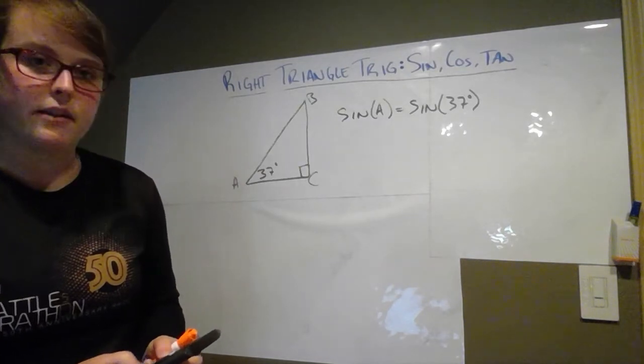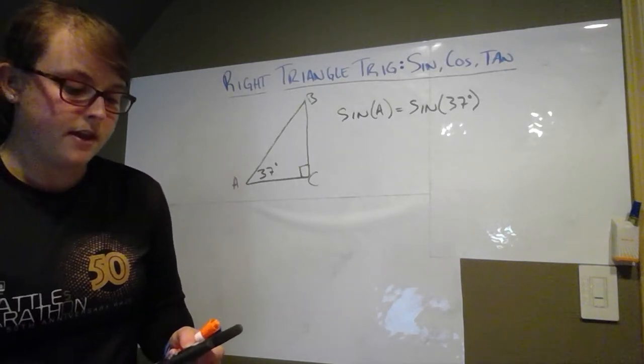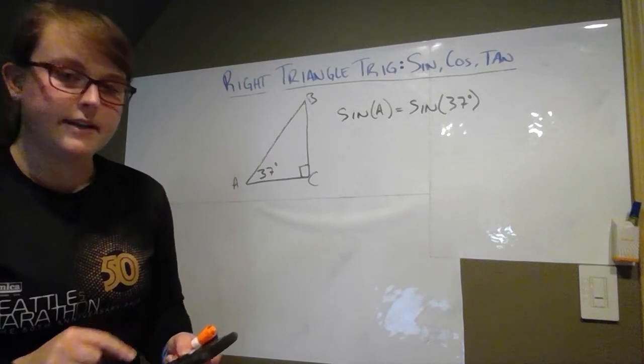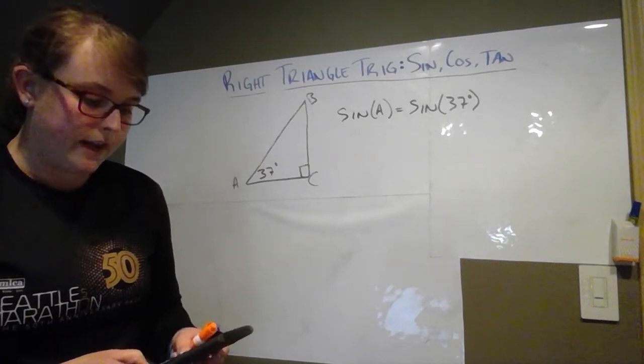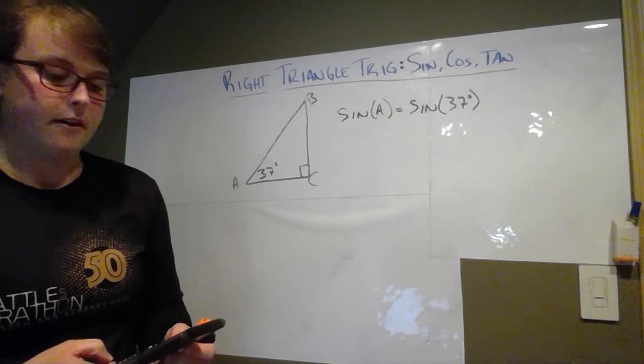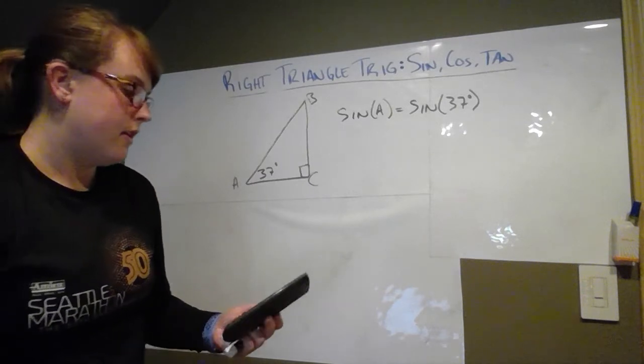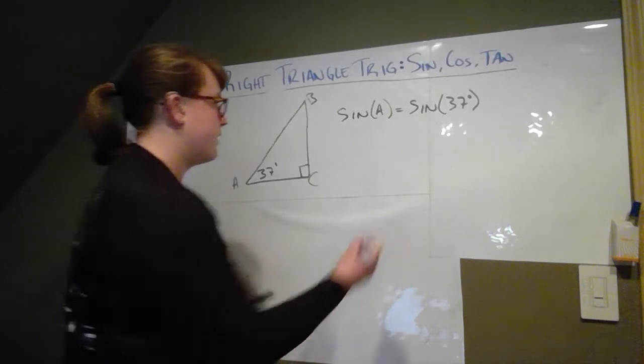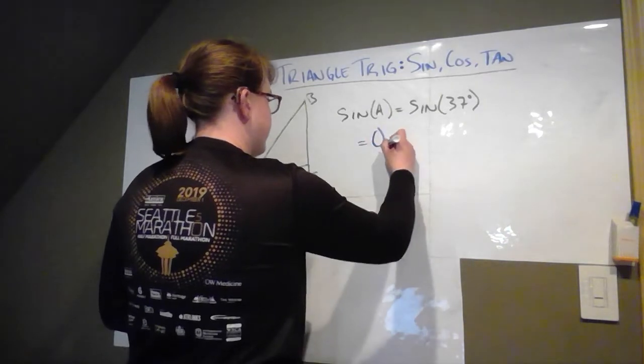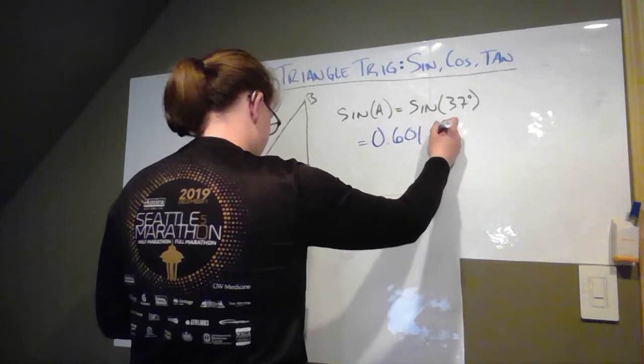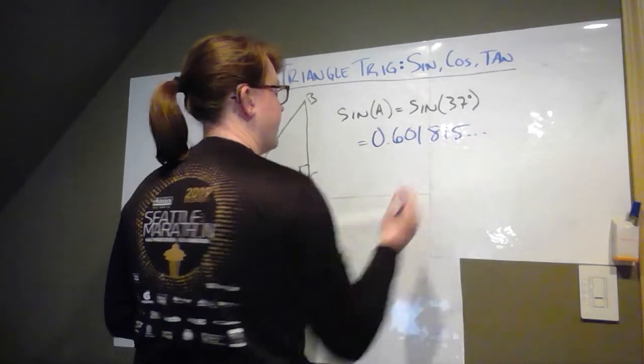It should be around the middle of your calculator. There should be buttons that say sine, cosine, and tangent on them. So hit the one that says sine, then type 37, then hit enter. And you should get a decimal, 0.601815, lots of other numbers.